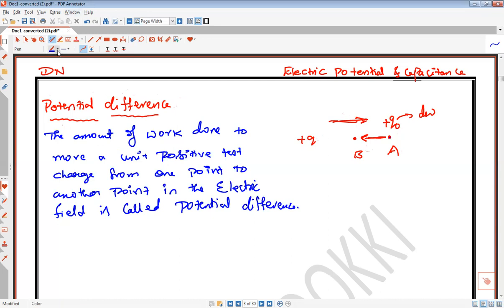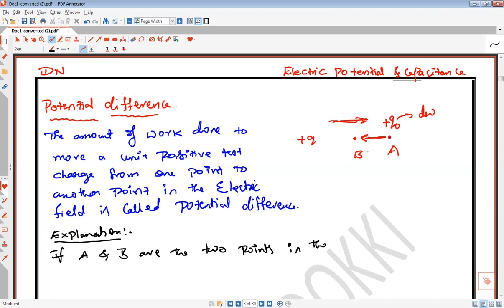Now, suppose A and B, as I have told you, are the 2 points in the electric field.